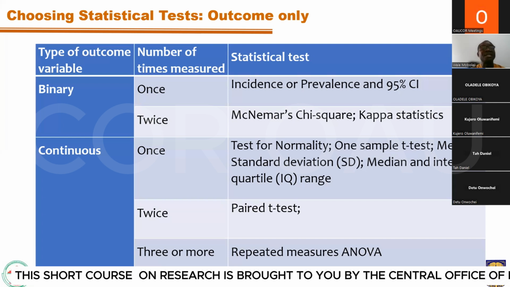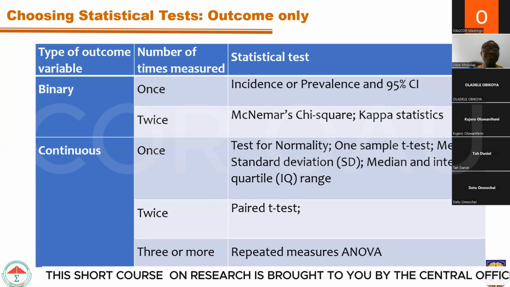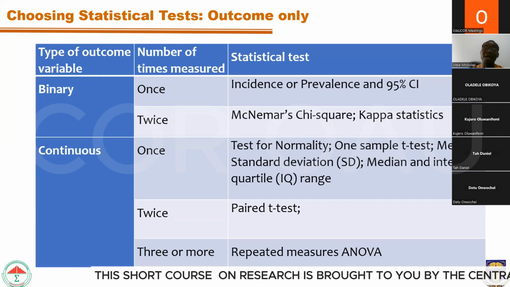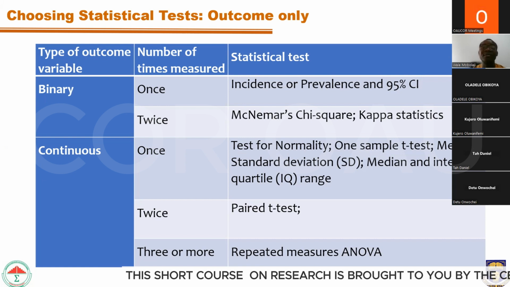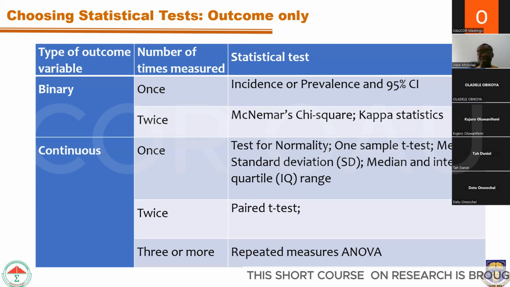Now, if it is binary, but it's measured twice on the same set of respondents, you will be doing McNemar's chi-square. You could do kappa statistics. McNemar's chi-square looks at the difference. It doesn't look at association in the real sense, not like the normal Pearson's chi-square.